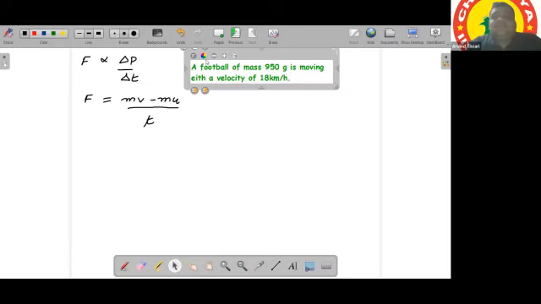Okay. See, a football of mass 950 kilogram is moving with a velocity of 18 kilometer per hour. Find its momentum. You have to find the momentum.